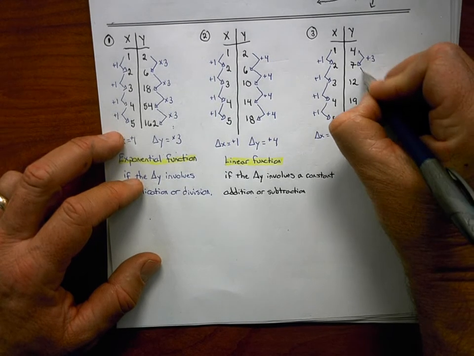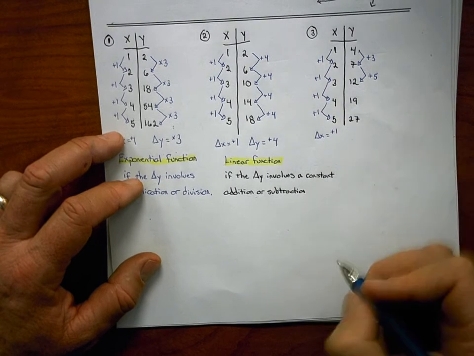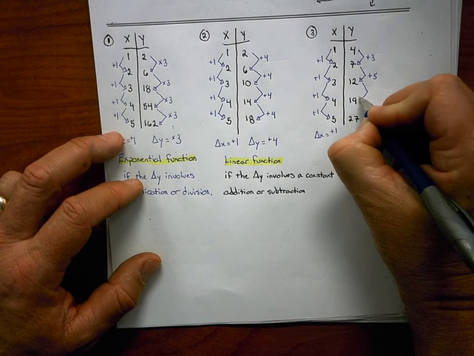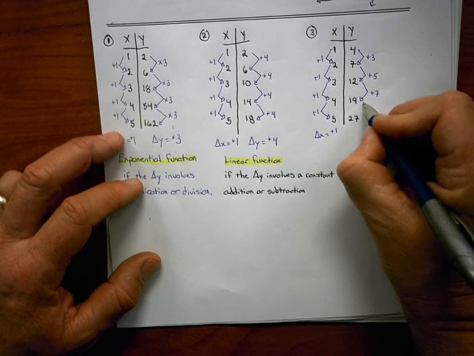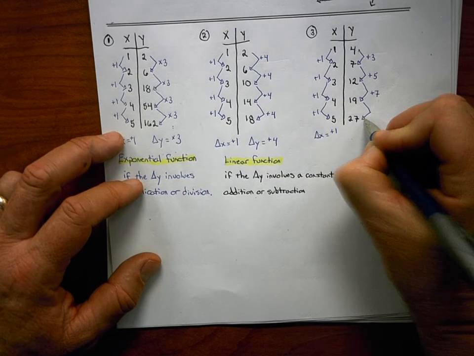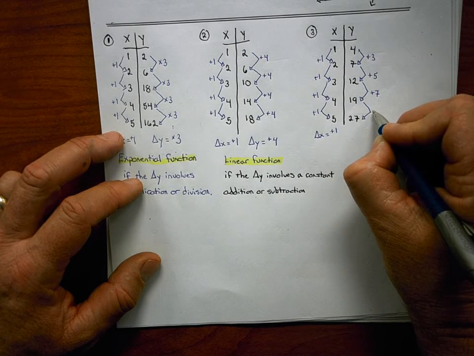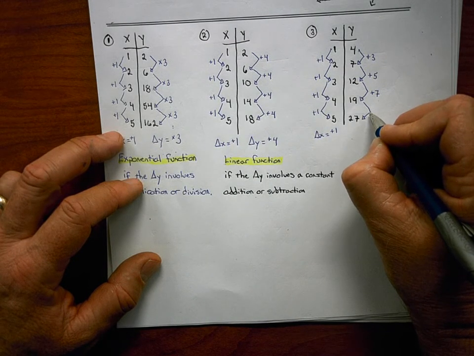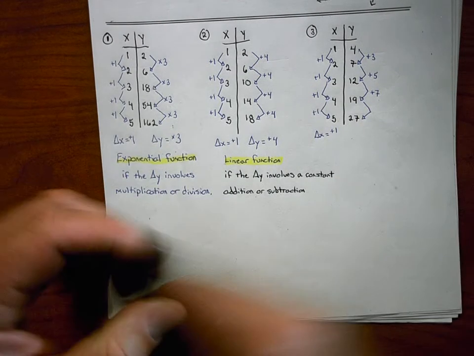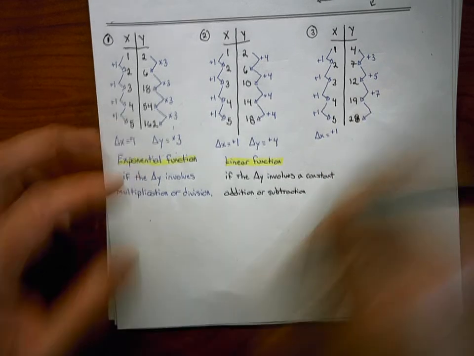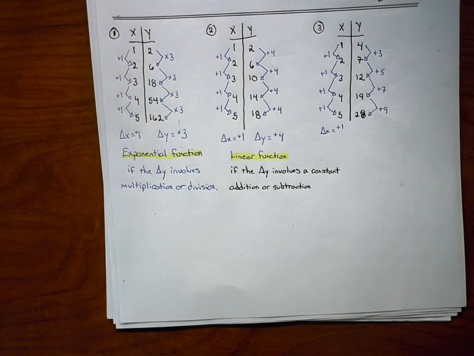The next one's going up by 5. The next one, 12 to 19, is going up by 7. The next one, 19 to 27, is going up by how much? 9. Oh, wait, I messed up on this one. That should be a 28. My mistake. So it should be going up by 9.